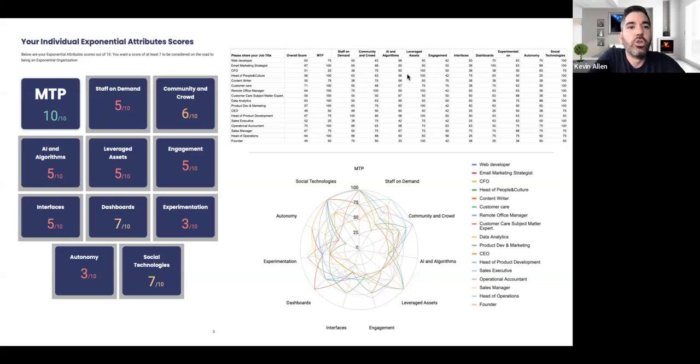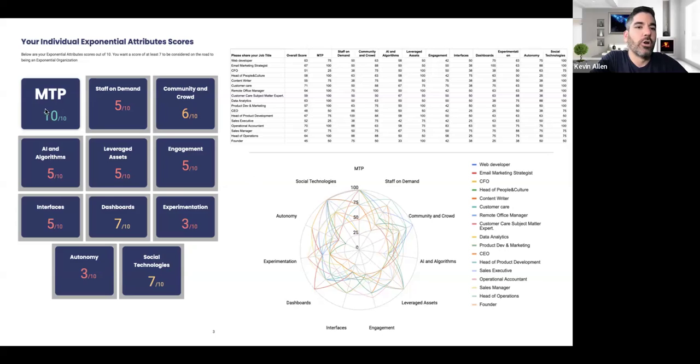In fact, using the EXQ as a benchmarking tool, running the EXQ and then building out the canvas and looking at how you are going to be implementing the different attributes, and then every quarter potentially running the EXQ again and determining where you are in your journey to implement the EXO attributes is extremely valuable.